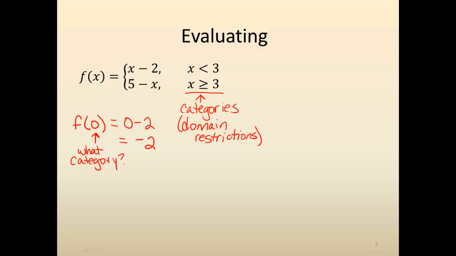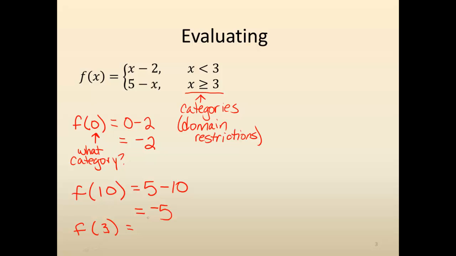Just like in our shipping example, I just used the one formula that my weight category fit into. So what would you do for, say, f of 10? Decide on the category. It's greater than 3, so I will plug it into 5 minus the x value, which is 10, and that's going to be -5. What about something like f of 3?